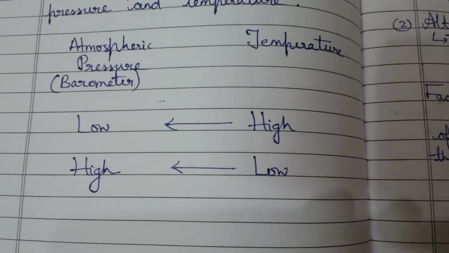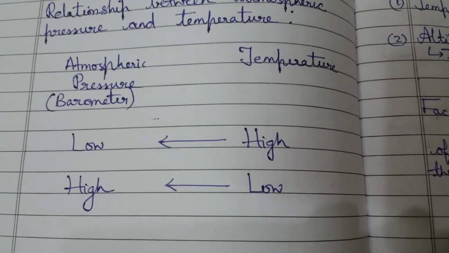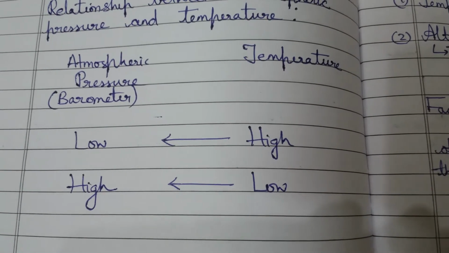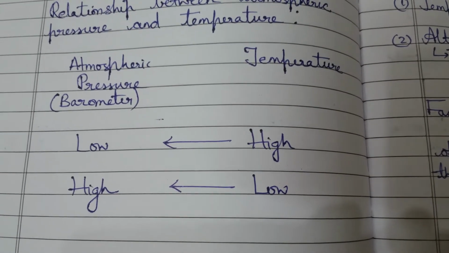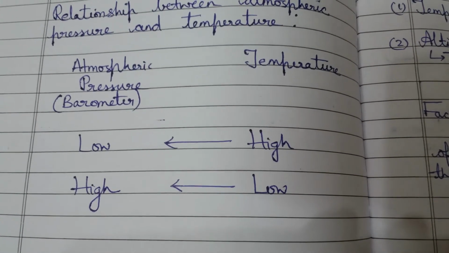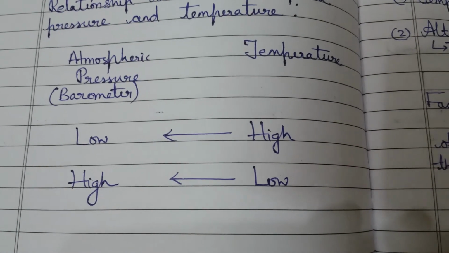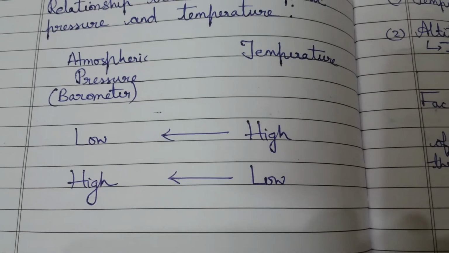For example, the places near the equator have high temperature, so their atmospheric pressure will be low, and the places away from the equator have low temperature, so at those places atmospheric pressure would be high.